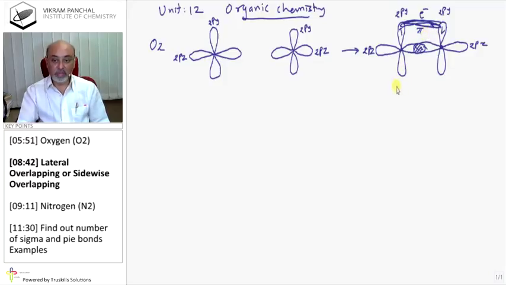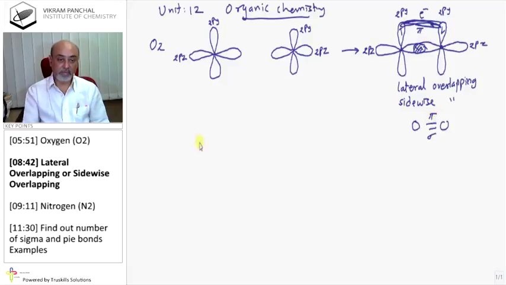Okay, and this type of overlapping is called lateral overlapping, or sidewise overlapping, and that is pi bond. So when oxygen is formed, there will be one sigma bond and one pi bond. So whenever you put double bond, there is one sigma and one pi.